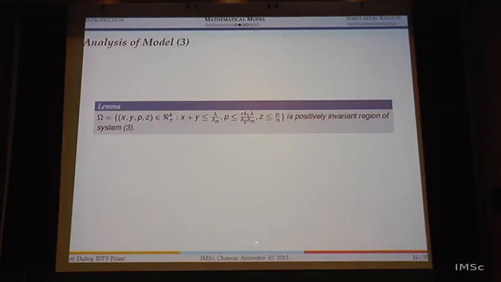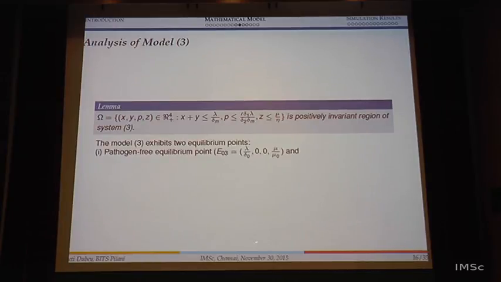Here also we have considered the positivity of the solutions, whether the solutions are positive or not. This shows that our model is biologically well behaved. We found 2 equilibrium points: the pathogen free equilibrium point, when the pathogen is not in the body, and the pathogen present equilibrium point, when the pathogen is present in the body.